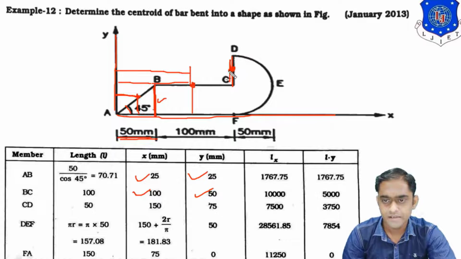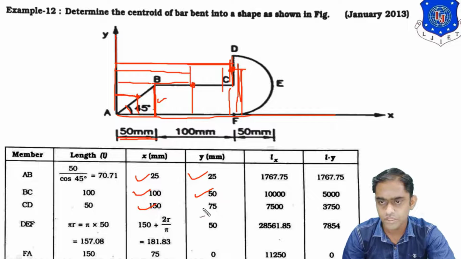For part CD, the midpoint is the CG, and from the y-axis this midpoint is at a length of 50 plus 100, which will be 150. For this midpoint up to the bottom line, the distance will be this 50 plus half of this 50. So in total this distance will be 75.